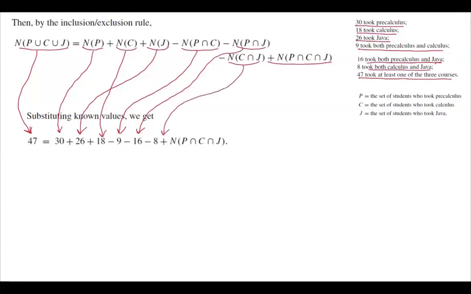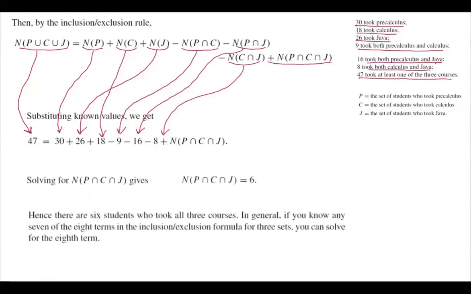We don't know how many students took all 3 courses together, so that's why it is missing. We're going to do a little bit of algebra. If you do the algebra here, 47 minus the rest of these additions and subtractions, 6 people took all of these courses. So far, so good.